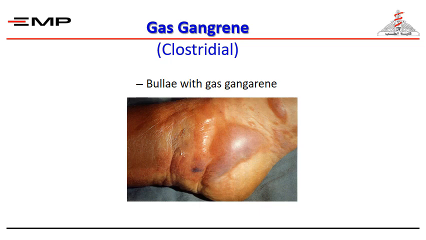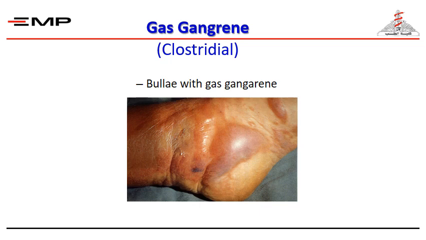Clinically, the incubation period is about 3 days. Typically, the pain is out of proportion to the clinical manifestations. There is heaviness of the affected part, edema, brown discoloration. Then, when gas starts to form, crepitus will appear. There is a foul-smelling serosanguinous discharge, especially when the bullae starts to rupture.